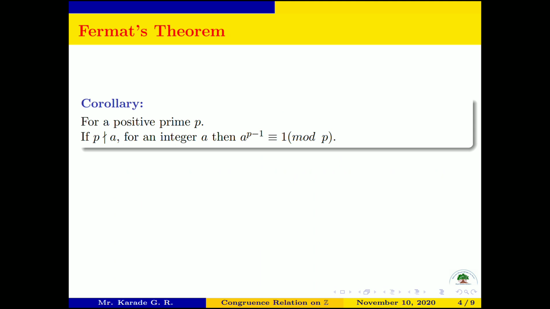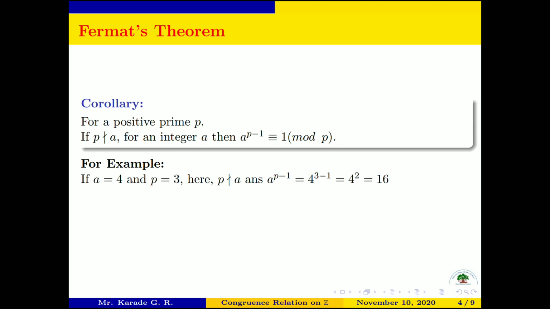Let us take one example which satisfies Fermat's theorem. For example, let us take a equal to 4 and p equal to 3. p is a prime and p equal to 3 does not divide a equal to 4. So 3 does not divide 4, that is, p does not divide a.